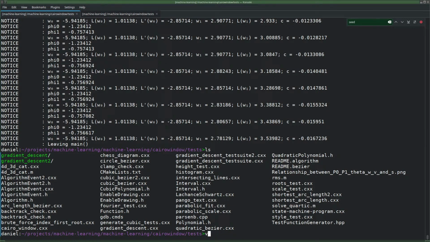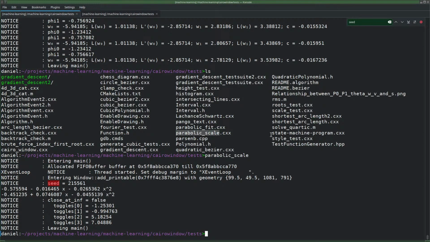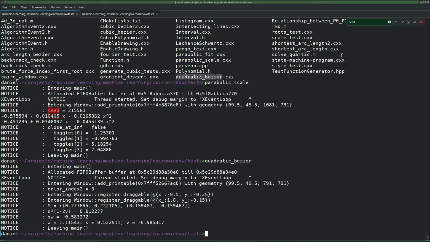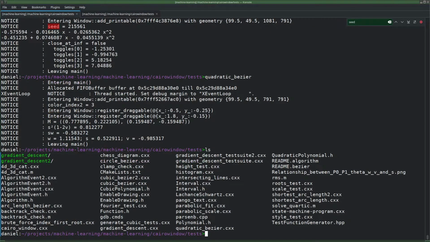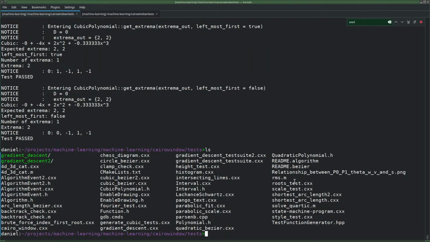I'm gonna have a quick look at the others too. Already looked at this one, but it wasn't even draggable. I don't know what this is. It's not even a window.